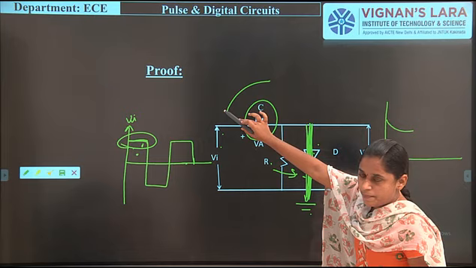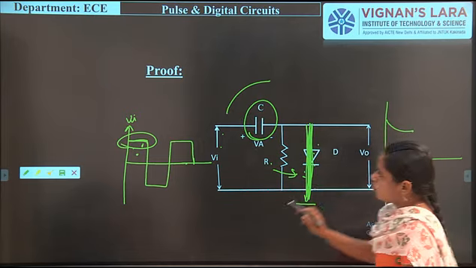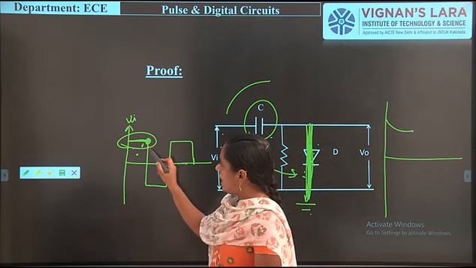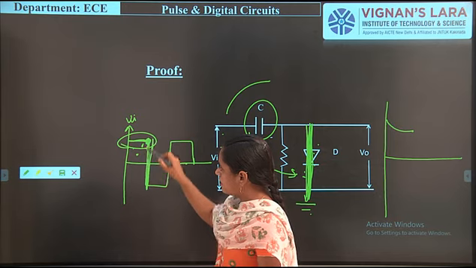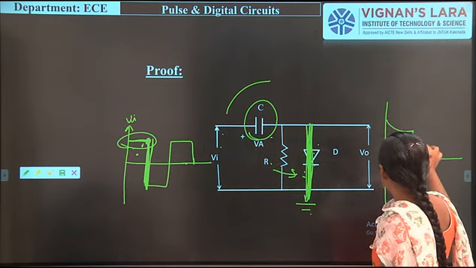The voltage across the capacitor increases and the voltage across the resistor decreases up to this constant level. At the sudden change, the output will be this one.